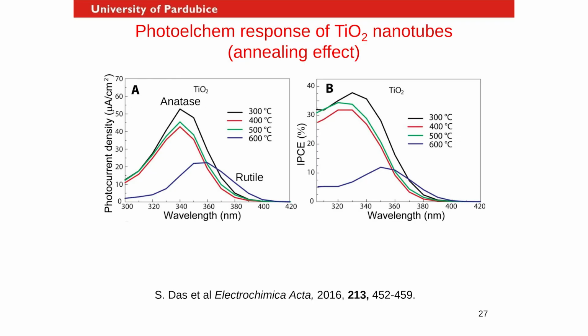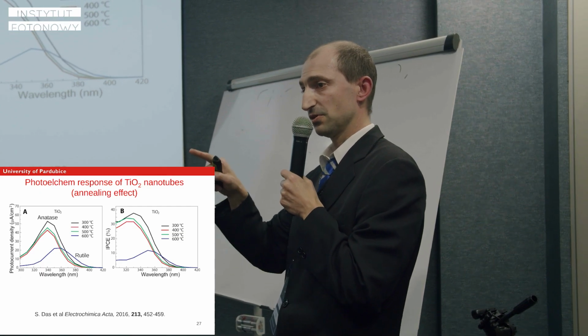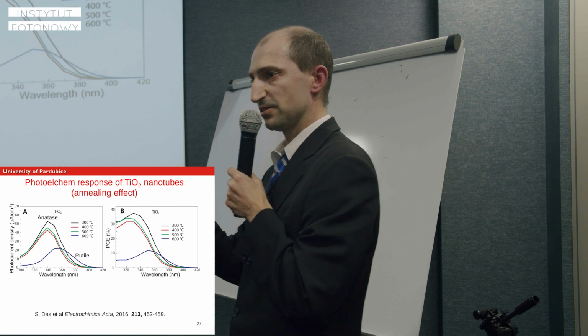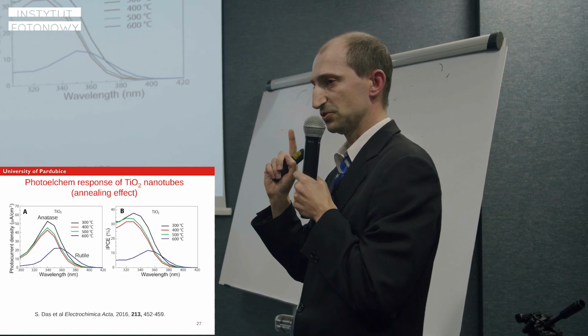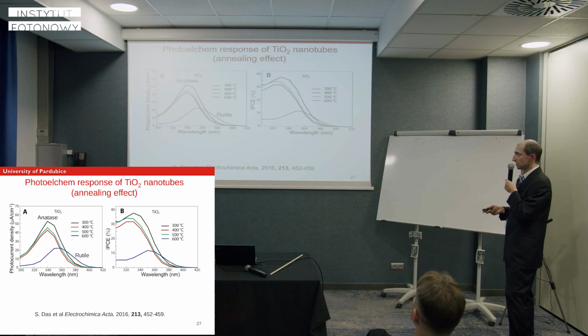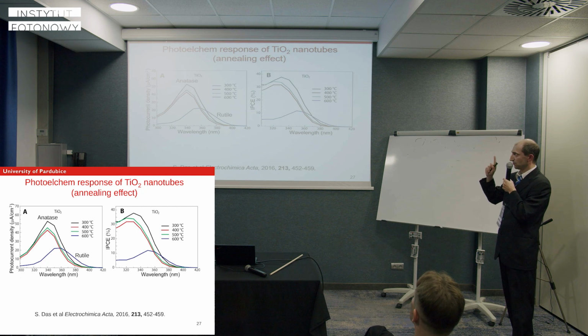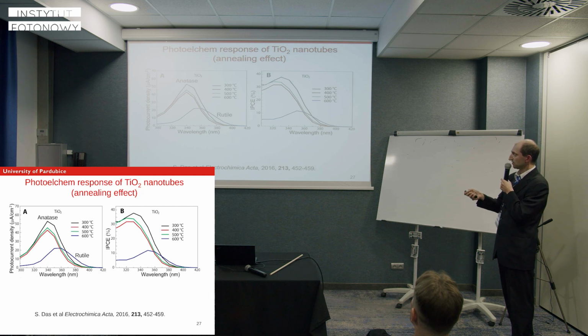Also, for ALD deposition, the incubation time for nucleation and for growth is important. It depends on what substrate you have and also the crystallinity of the material. So for this experiment, we crystallized, or preheated, the titanium tubes to different temperatures: 300, 400, 500, 600.